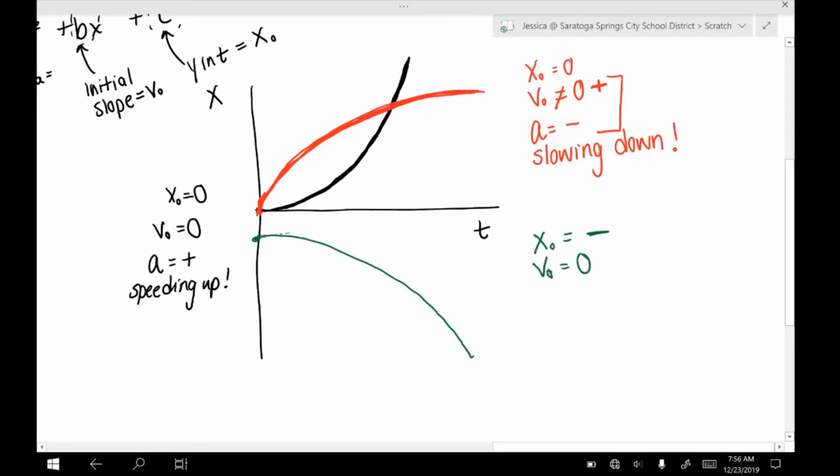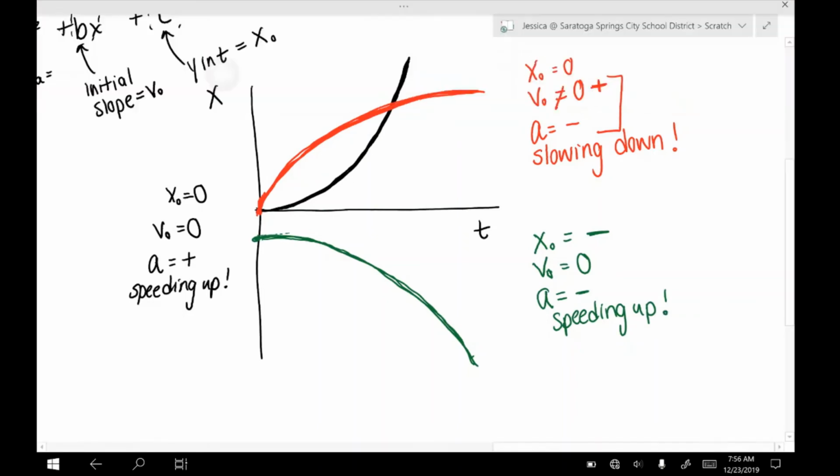And our acceleration, we have half a sad face, so our acceleration is negative. Because we don't have an initial velocity, it's tough to tell whether or not we're speeding up or slowing down based on opposite signs, but we can look at our graph and our slopes get steeper and steeper as time goes on, so we are speeding up. Specifically, we are speeding up in the negative direction.